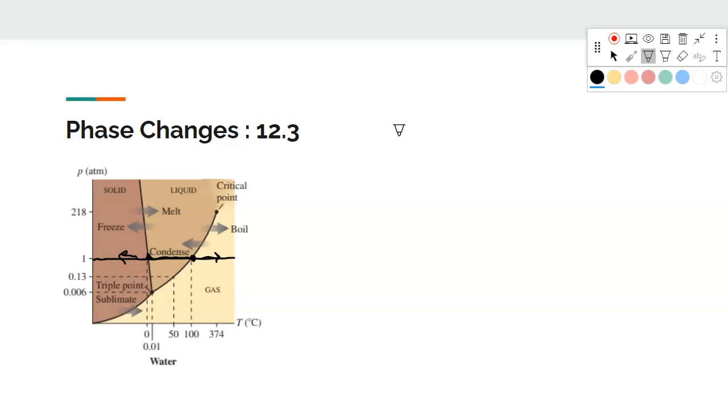But the nice thing about this chart is that it shows you, not just at that one pressure, but at every pressure. It's a two-dimensional relationship. And so, we could ask ourselves way up here, and maybe this is a pressure you would find somewhere reasonably deep in the ocean, 218 atmospheres, totally achievable under Earth's oceans.